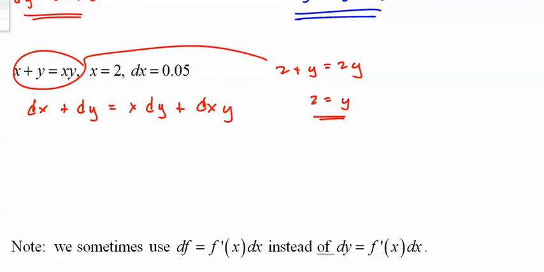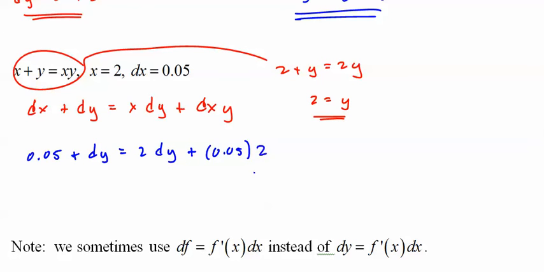And we could solve this for dy, but there's really no point. I mean, might as well just blast it out. dx is 0.05 plus dy equals 2 dy plus 0.05 times 2. dy equals 0.05 minus 2 times 0.05, negative 0.05.